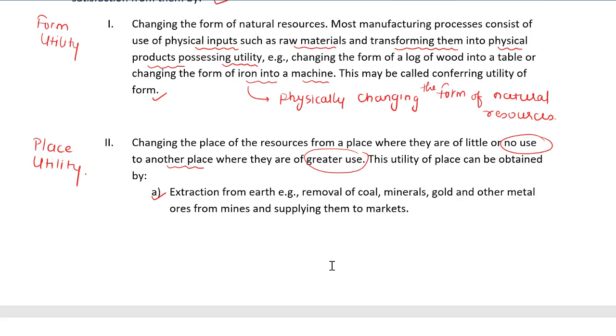Number one, extraction from earth, that is removal of coal. If coal is inside the earth, it is of no use. When we remove coal, minerals, gold, and other metals from mines and supply them to market, the usefulness of that product will improve.